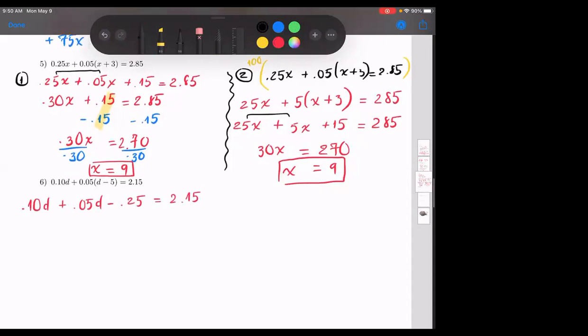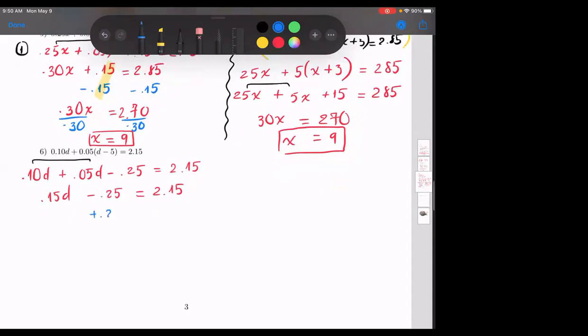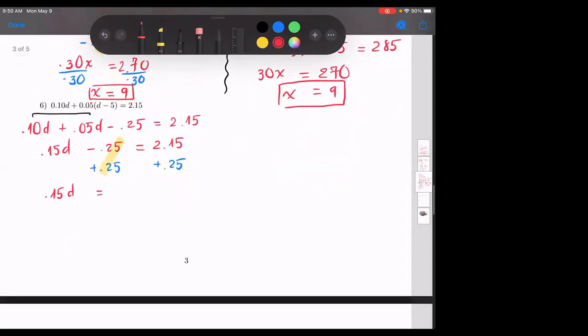Combine like terms. That will be 0.15D minus 0.25 equal 2.15. Add 0.25 to both sides. 0.15D equal 2.3.